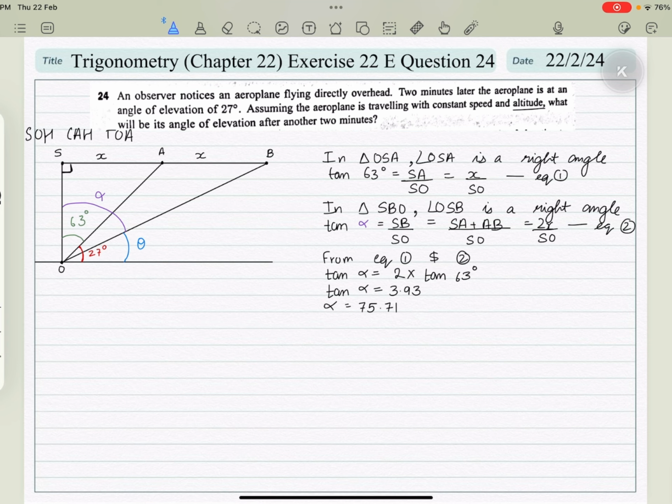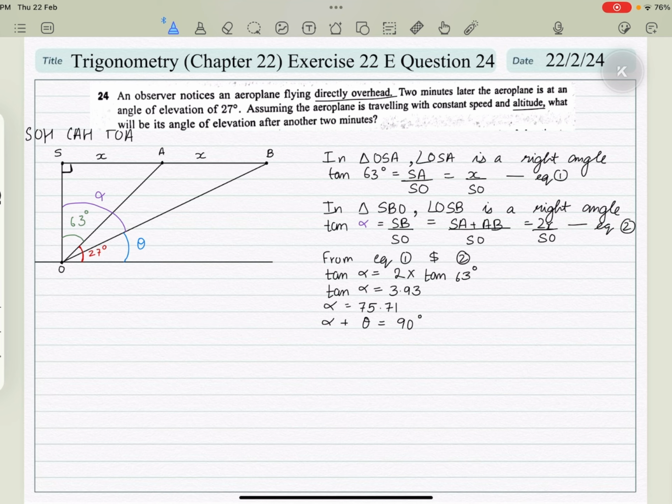Now if you look closely, this angle plus this angle make the whole 90-degree angle. So alpha plus theta is equal to 90 degrees, because from the ground it's directly overhead.